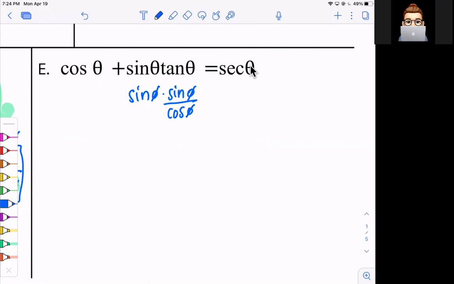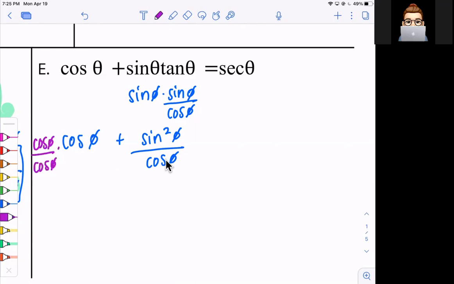So I have cosine theta plus sine squared theta over cosine theta. I can't add these together right now because they don't have the same denominator. Right? I can make them have the same denominator if I did cosine theta on top and on bottom.